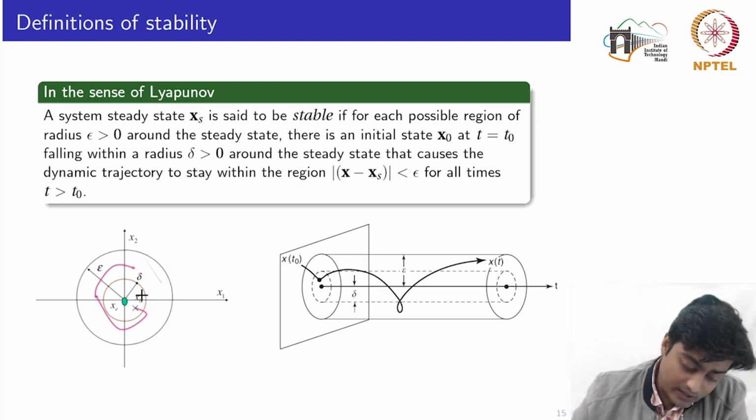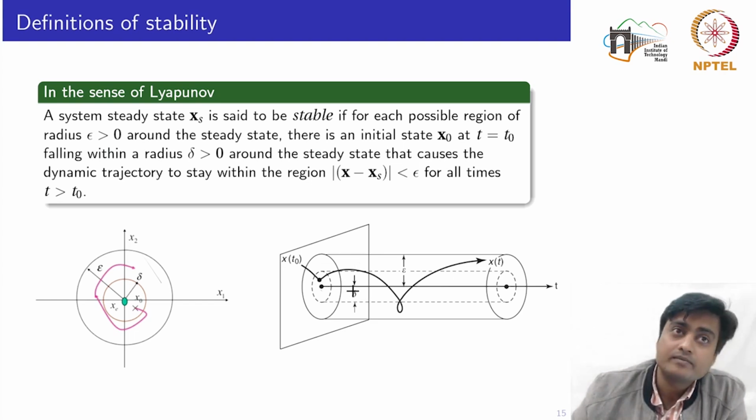Now, if you are wondering, the time axis is perpendicular to this plane. The cross-sectional view is given here, where you are initializing at x at t naught inside this inner circle. But for the whole motion, that is t tending to infinity, this trajectory would never leave the outer cylinder of radius epsilon.